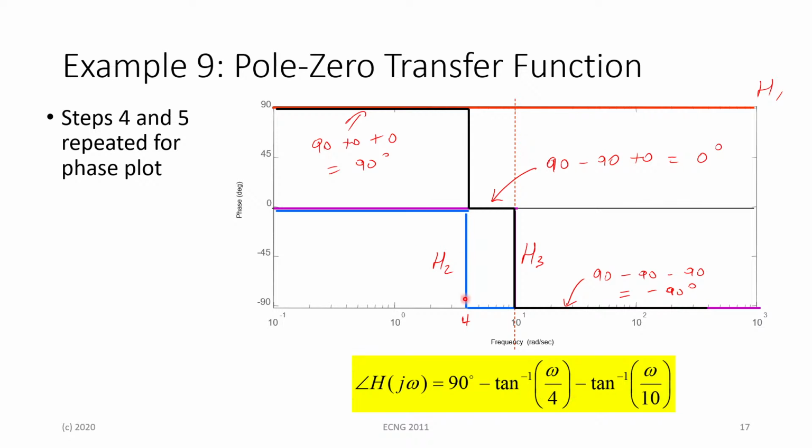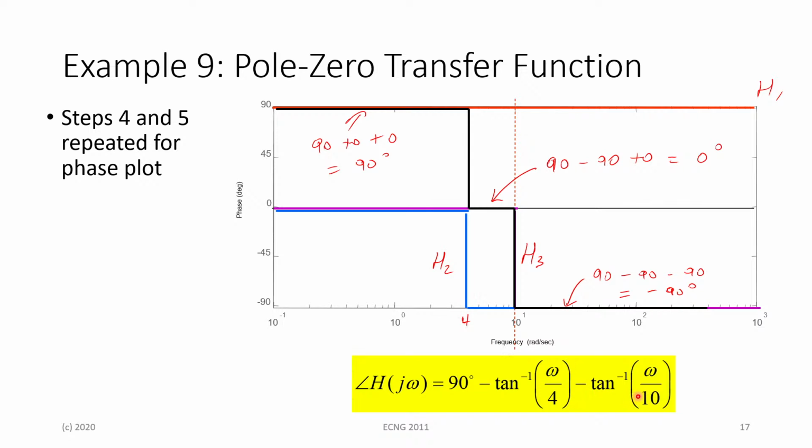So a step down on your phase plot is going to be minus tan inverse of omega divided by the pole value. A step up is going to be positive tan inverse of omega divided by that pole value instead. So for our case, H2, because it steps down by 90 degrees, is going to be minus tan inverse of omega divided by 4, because it occurs at omega equals 4 for that pole.